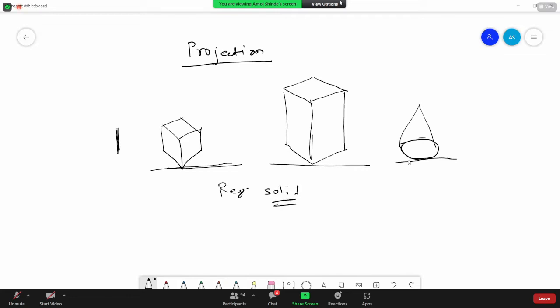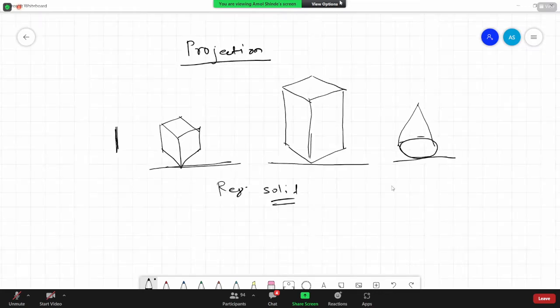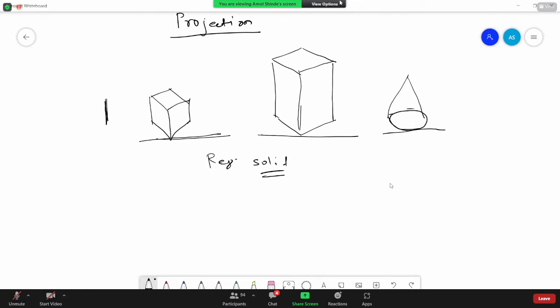So can we see this as 2D or 3D? 3D. Now if I draw a line and a point, a point is a dimensionless entity. If I join 2 points, we get a line segment.